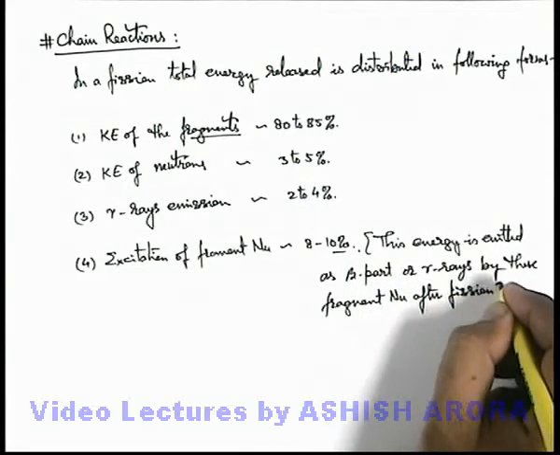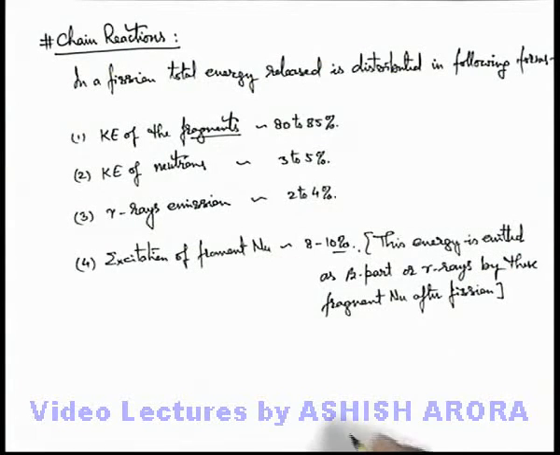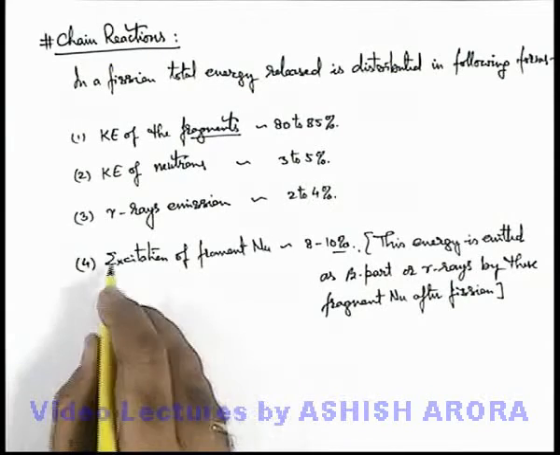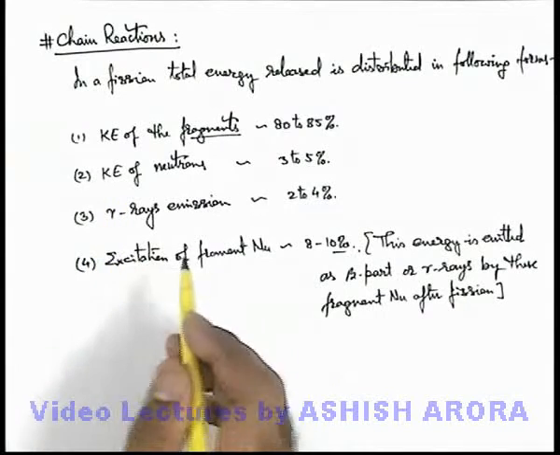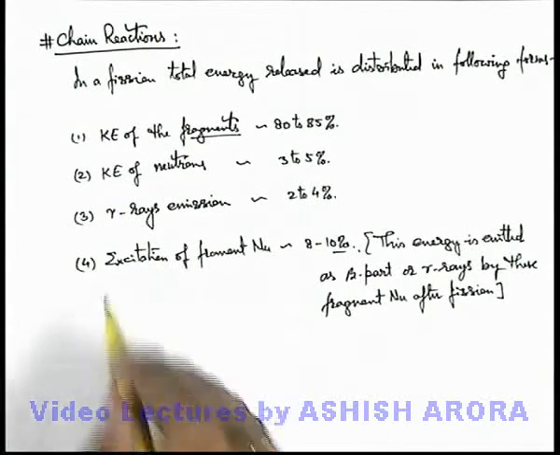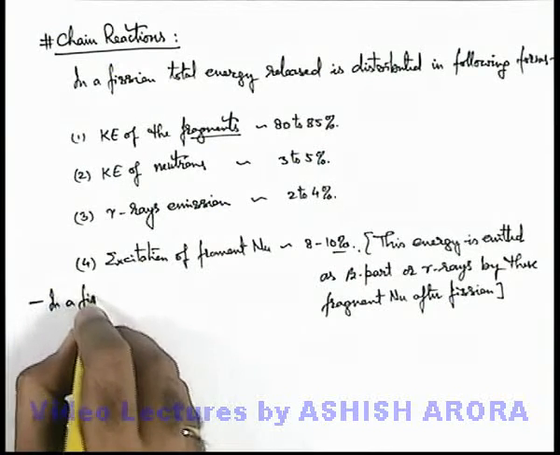How this phenomenon of beta emission takes place we'll study in some nuclear reactions in a later part of this topic. But right now we'll just take care that the whole energy is distributed in these four major forms.